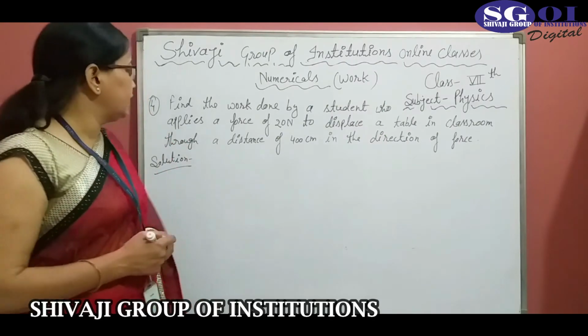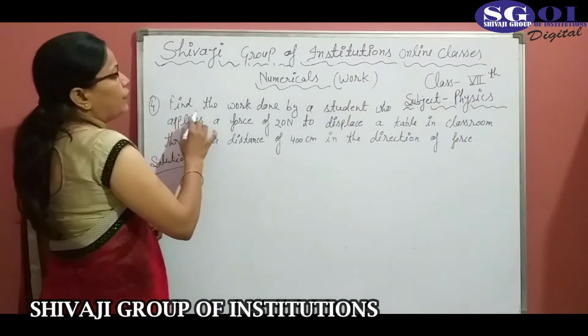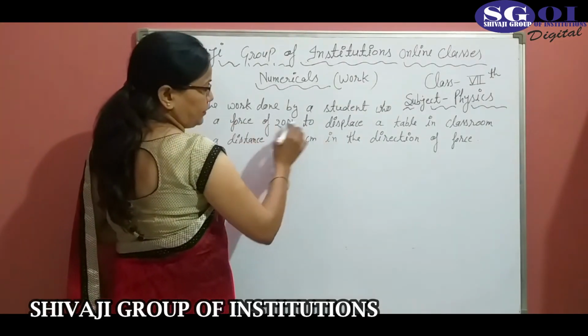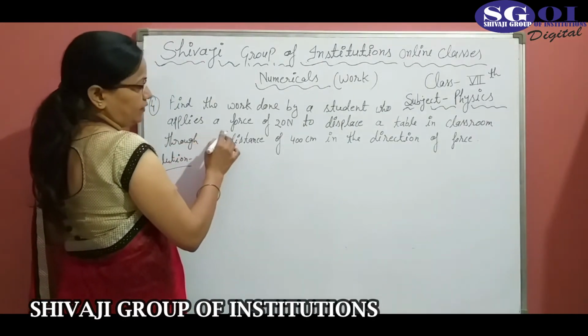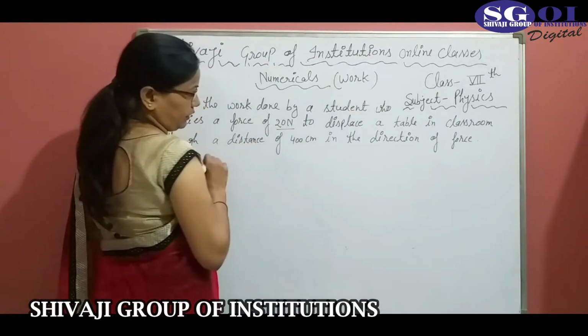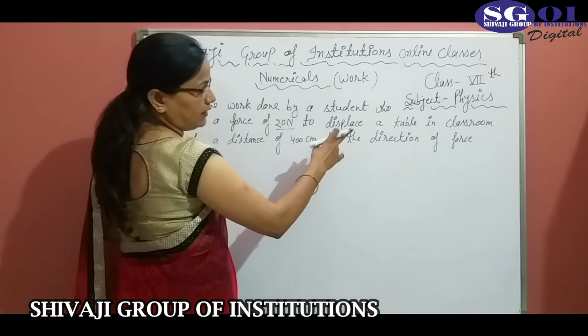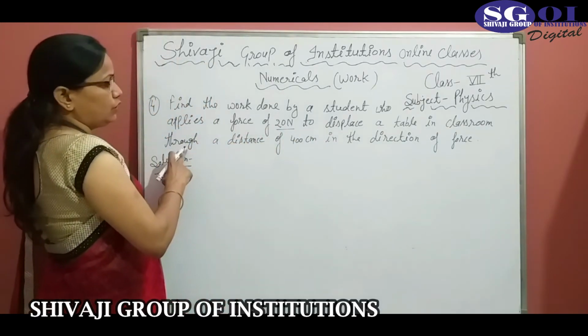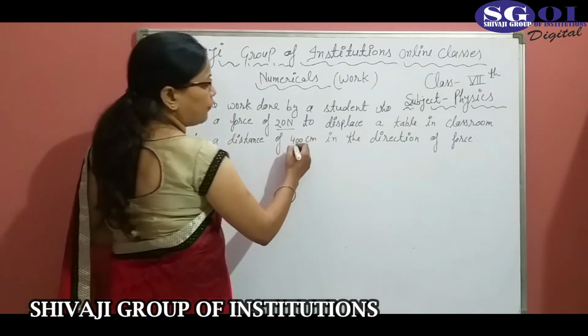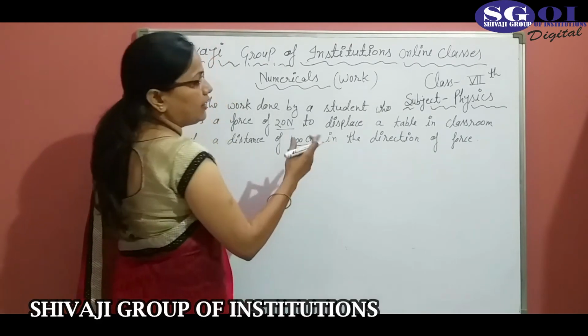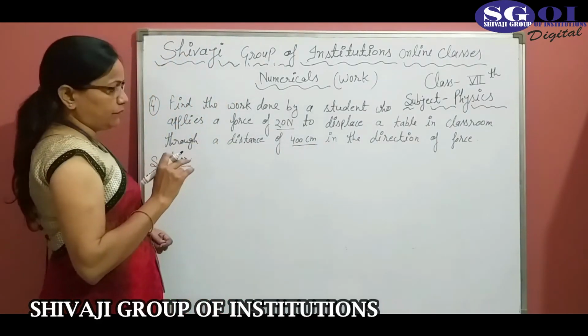Now student, numerical number 4. Find the work done by a student who applies a force of 20 Newton to displace a table in classroom through a distance of 400 centimeter in the direction of force.